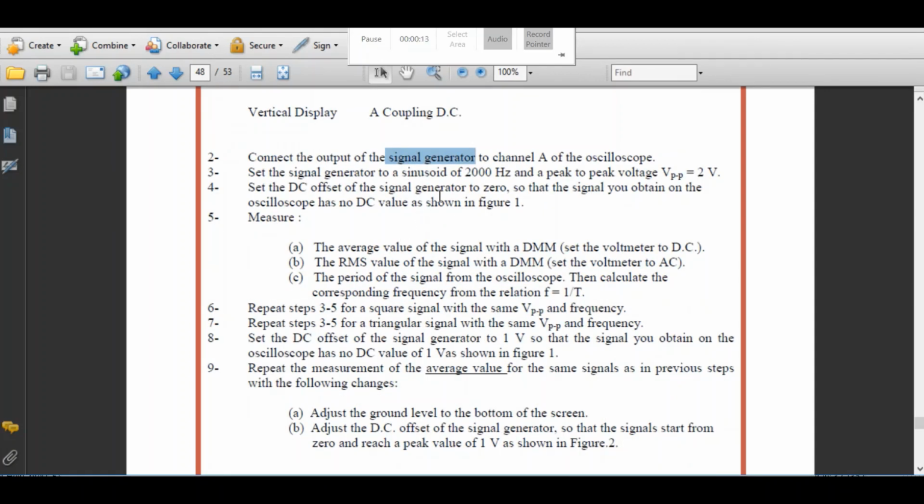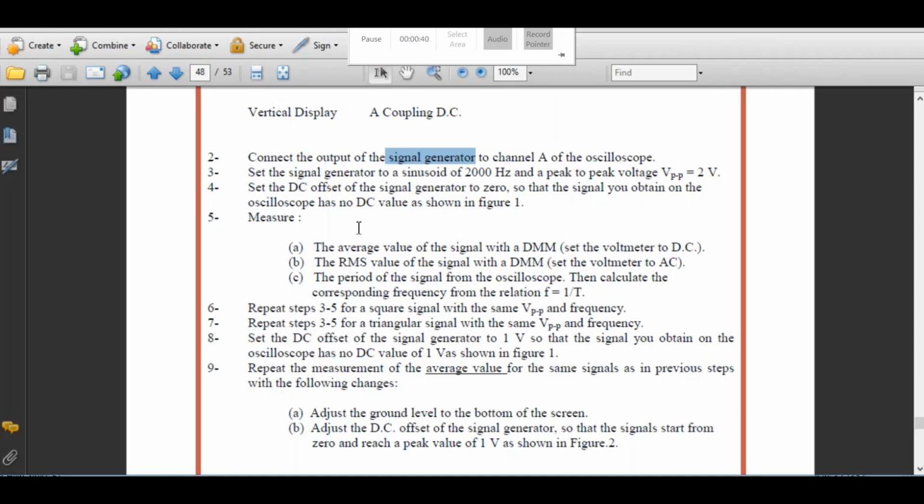Now the question is why we need a digital multimeter to find the average or RMS value of the AC waveform. We have to use the multimeter. So how can we do that? On the multimeter, we have two settings, one for AC and one for DC.